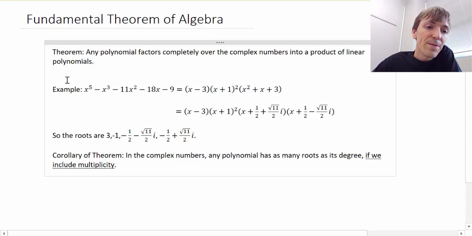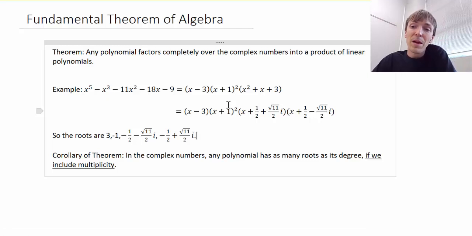So this degree 5 polynomial, we can say that it has 5 roots, but only if we count the minus 1 twice, because remember that minus 1 has multiplicity 2. So as long as we count roots twice when they appear more than once, then we get to say this very nice and beautiful fact, which is that a polynomial will have as many roots as its degree. And that's the first thing that makes complex numbers such a nice number system to work with.